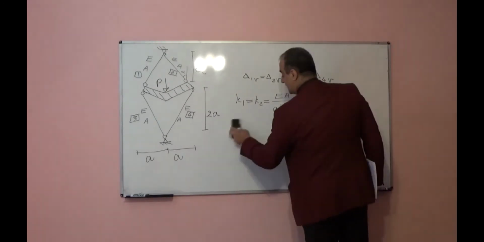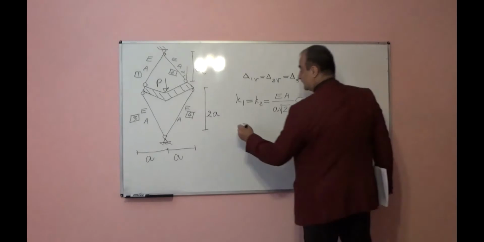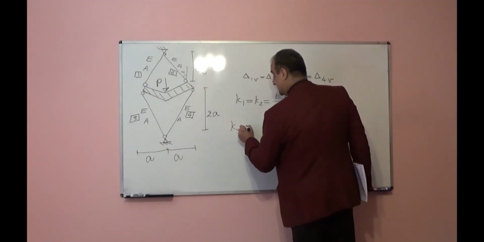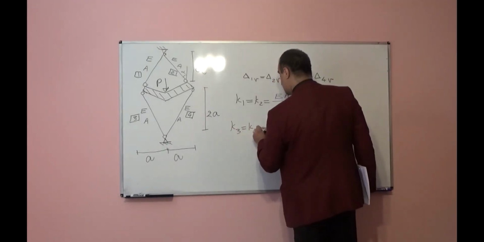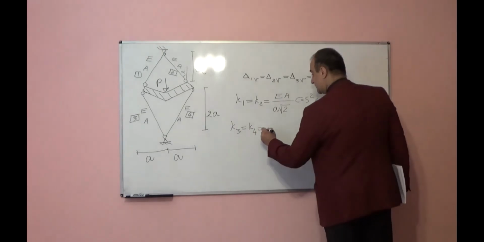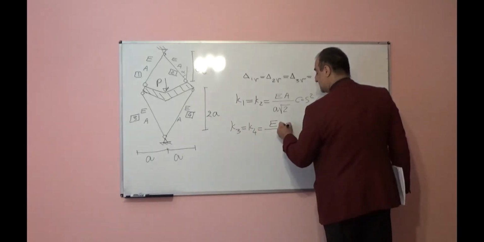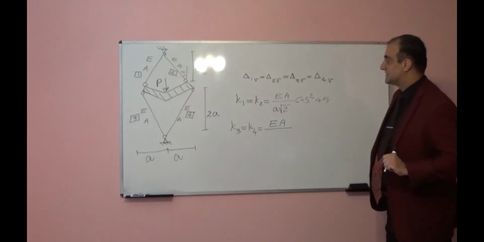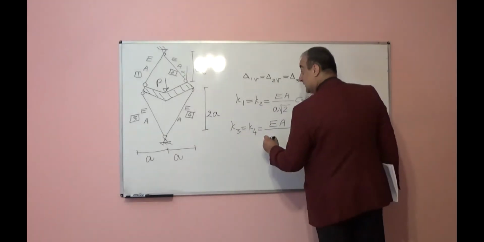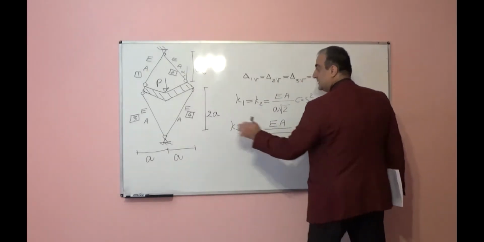In a similar way, K3 is equal to K4, that is equal to E Young modulus times A cross-sectional area divided by length.